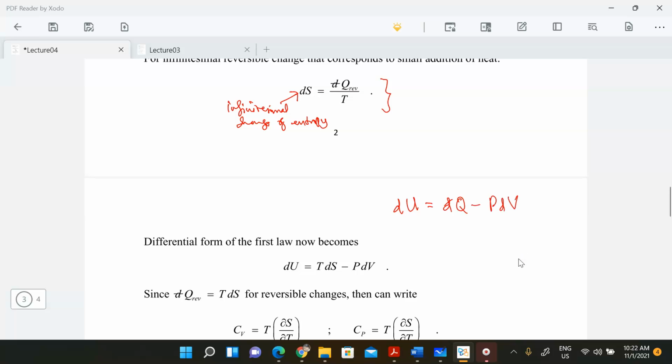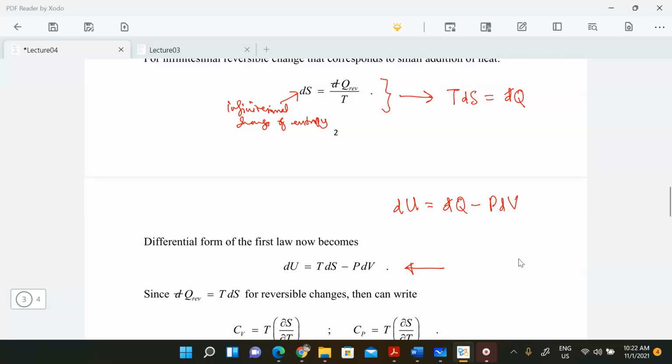Now what one can do is rearrange this equation so that you get T dS equals d-bar q, and replace it over here, and that gives you this. So in other words, dq we are replacing with that.